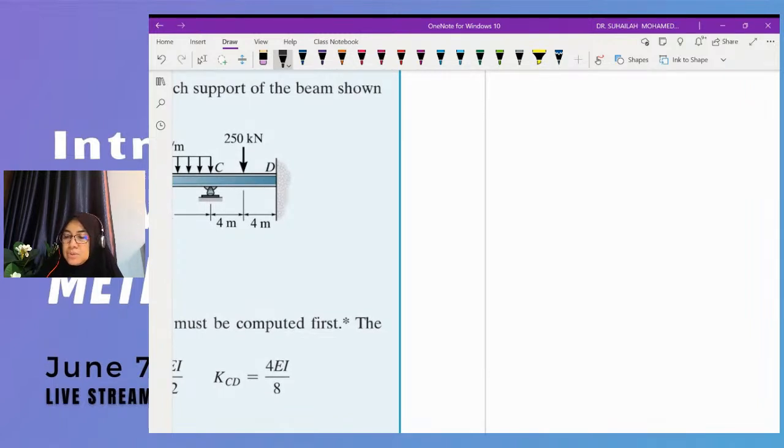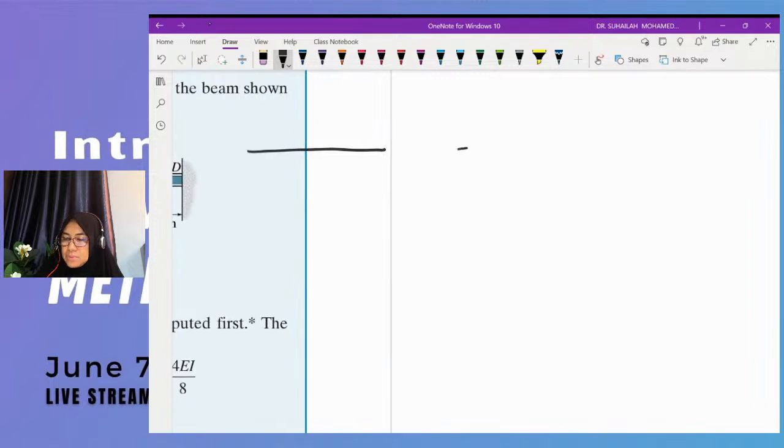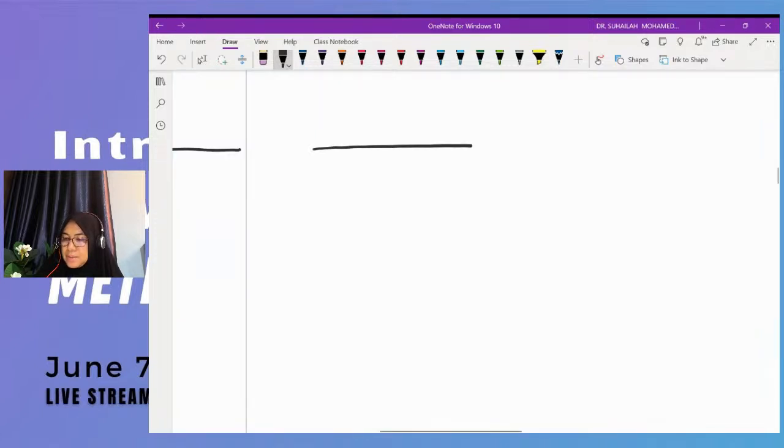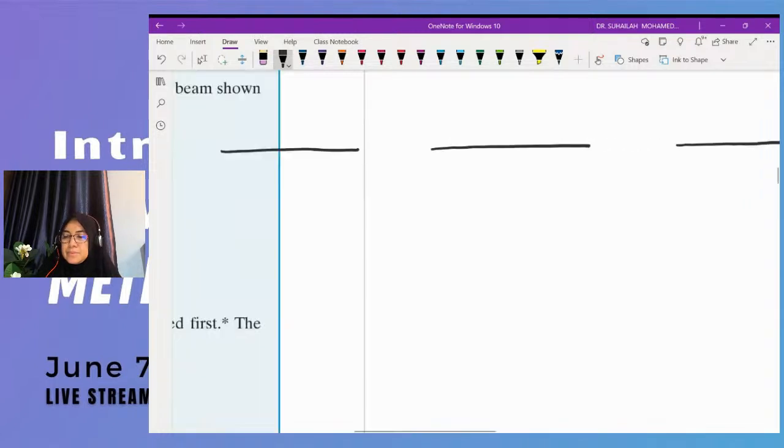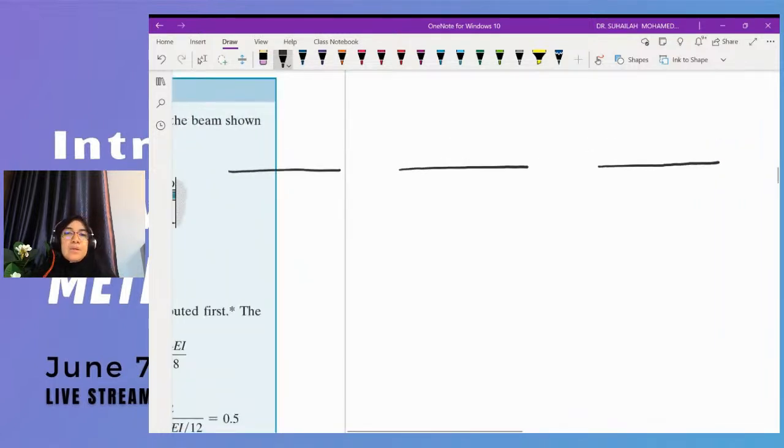So we have three members: member AB, with A and B, member BC, and member CD.